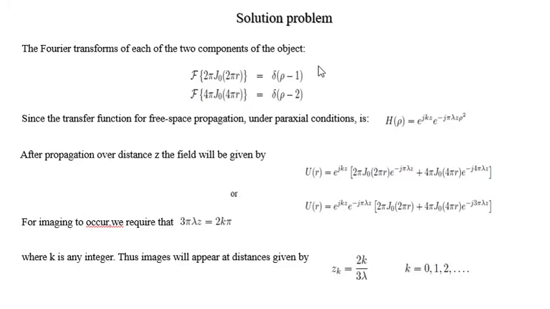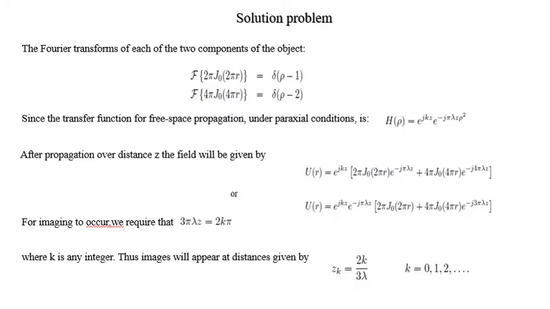The transfer function for free space propagation under paraxial conditions is given by H(rho), which is equal to exp(jkz) times exp(-j pi lambda z rho squared). After propagation over distance z, the field will be given by U(r), which can be simplified to the second relation.